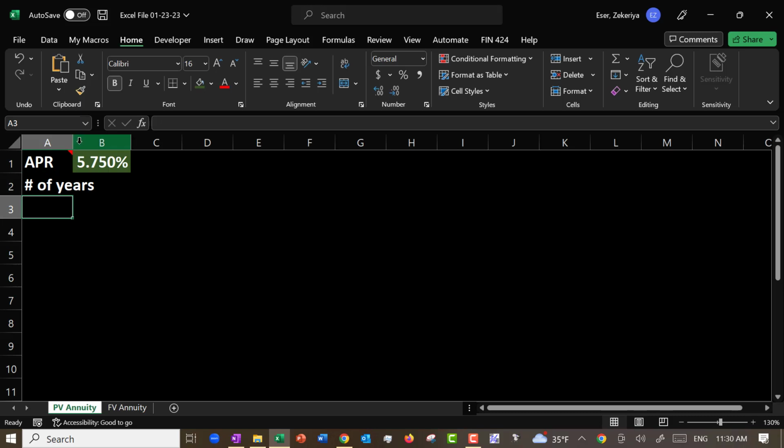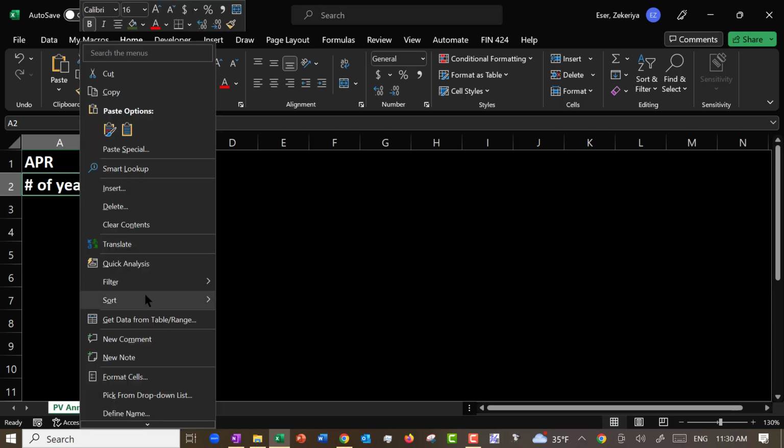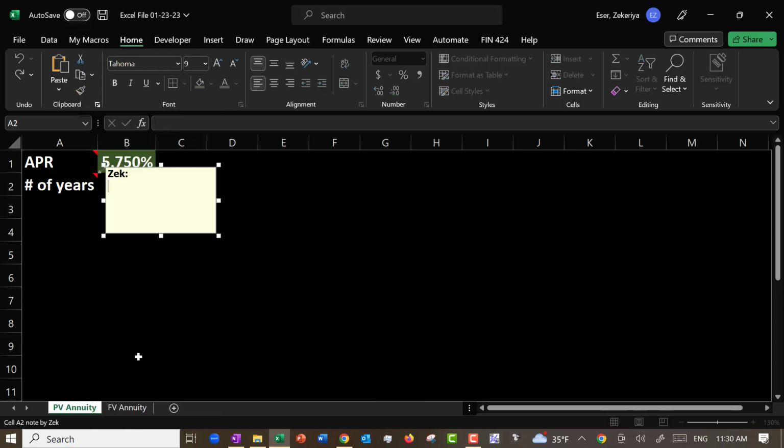Number of years. For the length of the annuity. Can be a decimal.